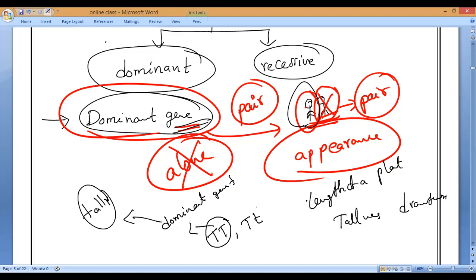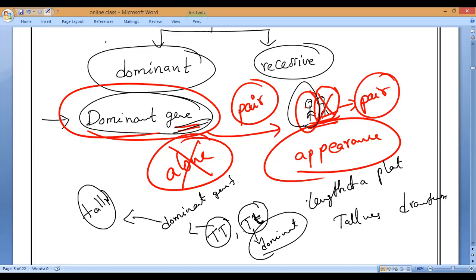Tall. But if we take the second set of genes here, capital T is the dominant one. Even though small t, dwarfness, is present, the capital T dominates the small t.